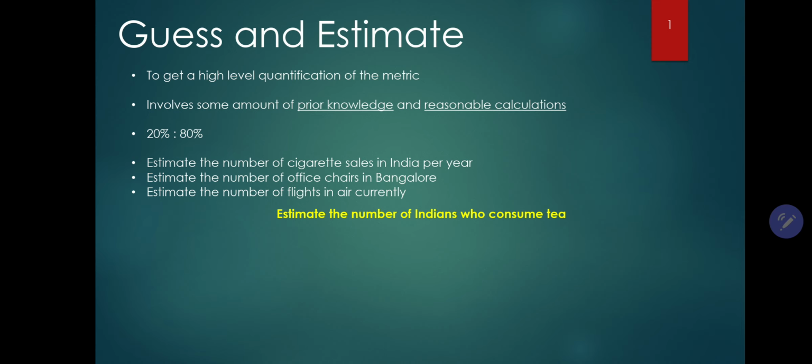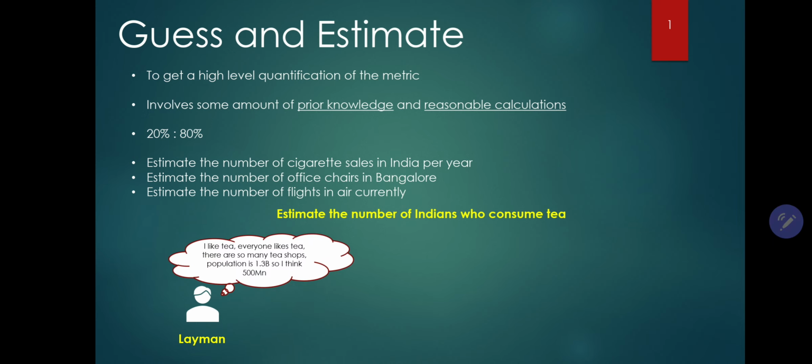Let's see from a layman's perspective. Someone who is not particularly involved in the field of stats or data analysis would think, okay, I like tea, everyone else is also very fond of tea, and in my locality I see so many tea shops.